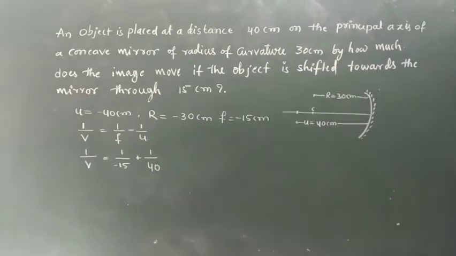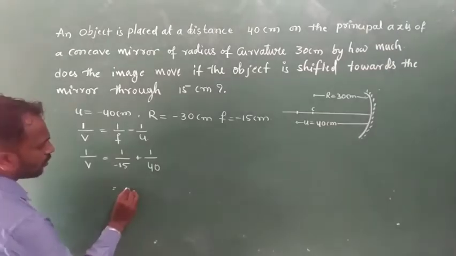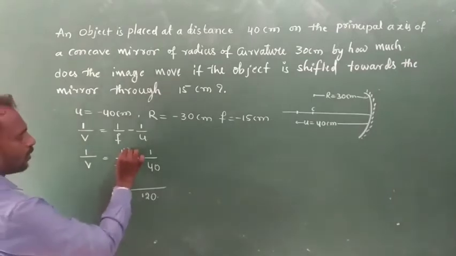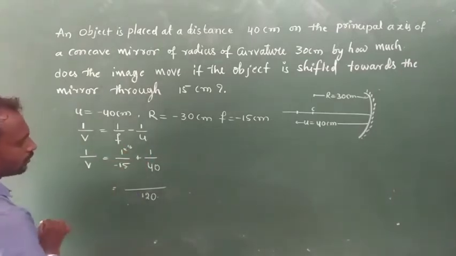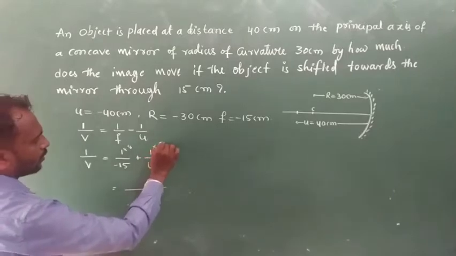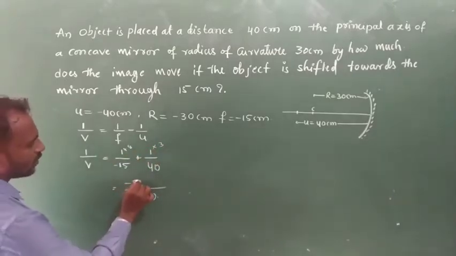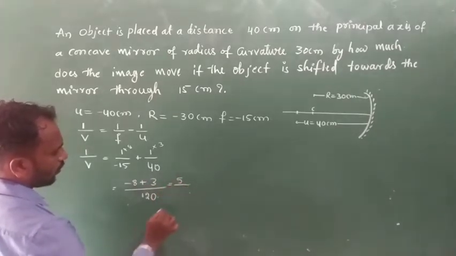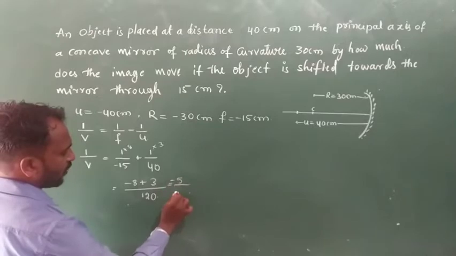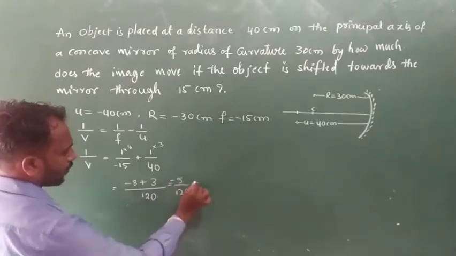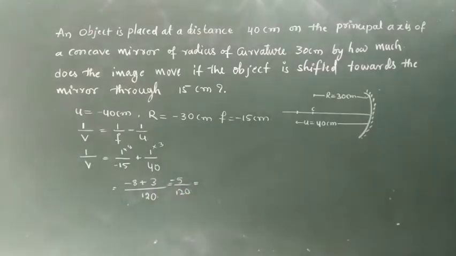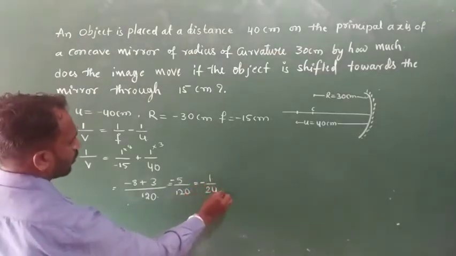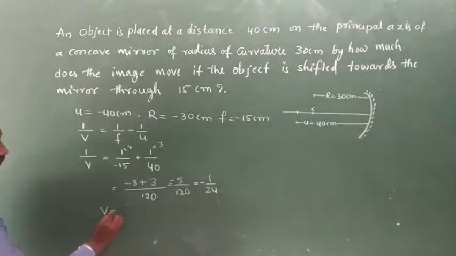Here the LCM is 120, so it is minus 8 plus 3, which is minus 5, so 1 by v is minus 5 divided by 120, which is minus 1 by 24.